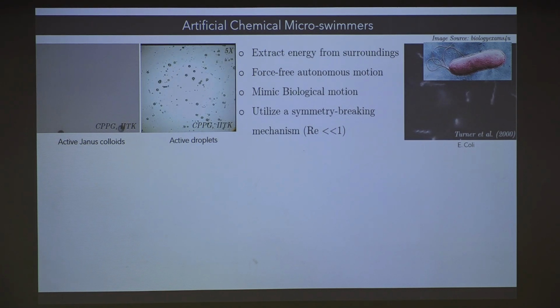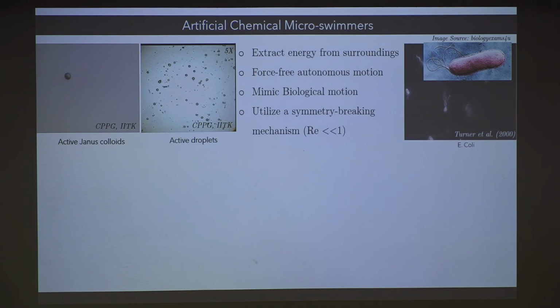These are typical colloidal particles which have a patch of a different material on them. Because of this asymmetric chemical composition built into their system, they are able to generate a reaction which is also asymmetric, and hence they are able to interact with the surrounding in an asymmetric manner, which is critical for their self-propulsion. The other popular system, and the focus of today's talk, are these active droplets.